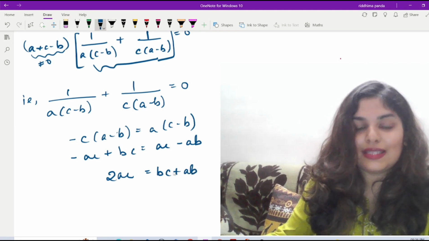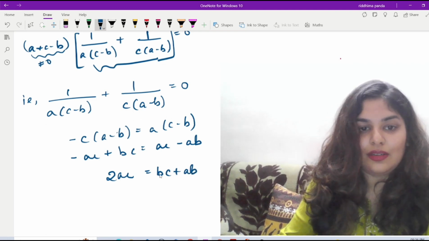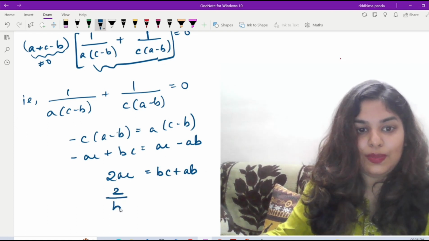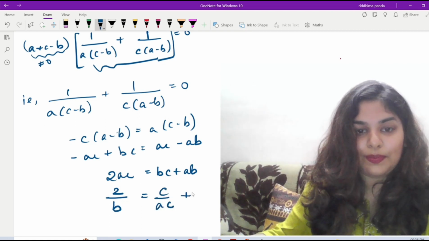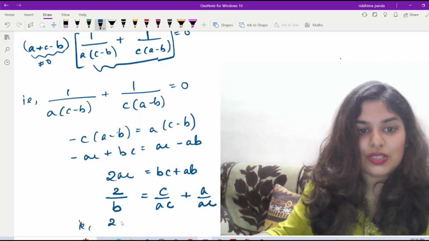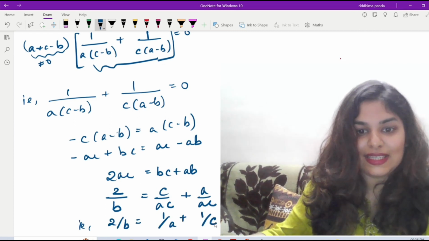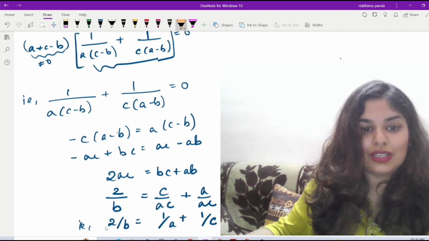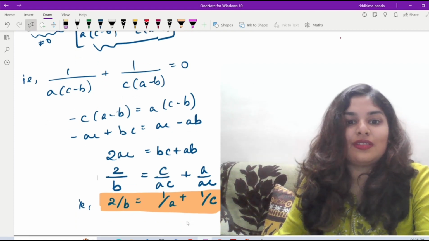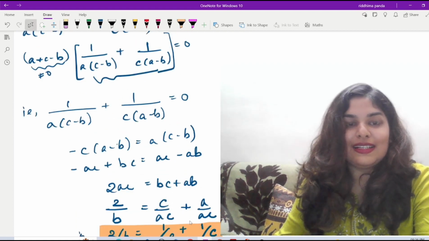Now if I take B as common and take it to this side, and take AC on the other side, that is 2 by B is equal to C by AC plus A by AC. That is 2 by B is equal to 1 by A plus 1 by C. So from this relation, it is very clear that A, B and C are in HP series. So option C is the correct answer.